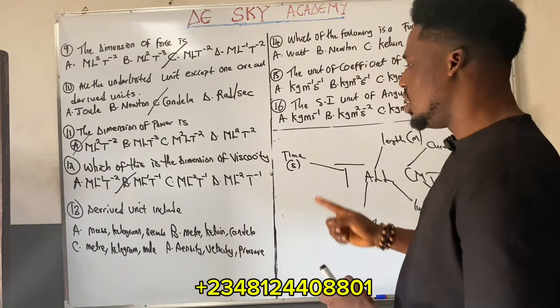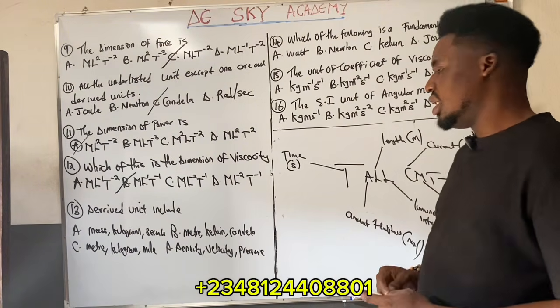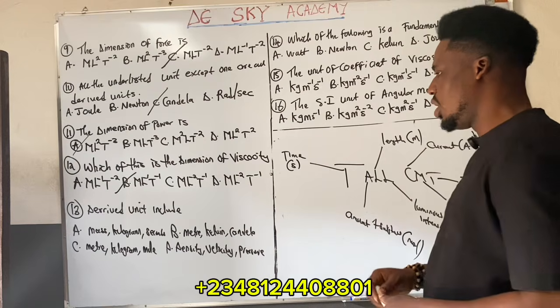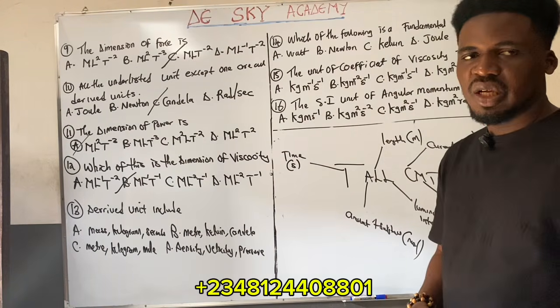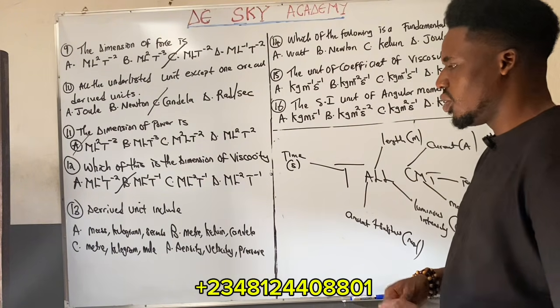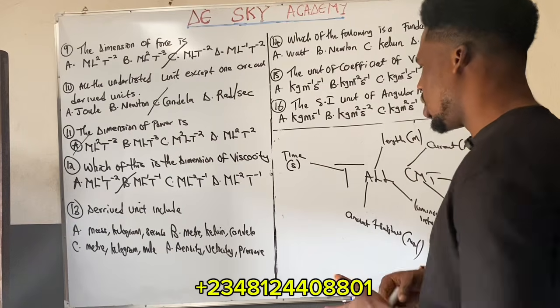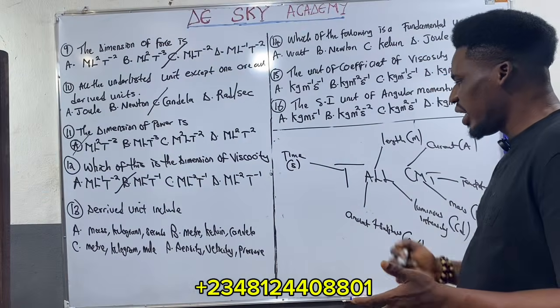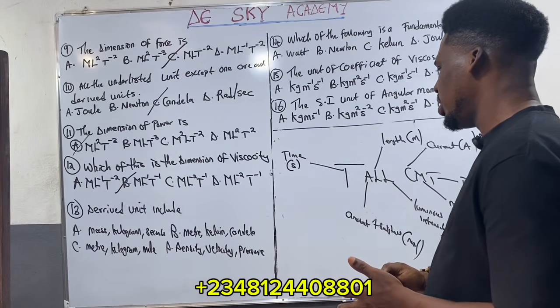So derived unit include, that means anyone that is not among these is a derived unit. Option A, mass, kilogram, seconds. Mass is a fundamental unit, so it cannot be a derived unit, including the kilogram and the seconds. Option B, meter, Kelvin, and candela. Meter is a fundamental unit.